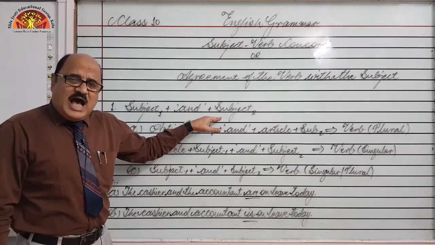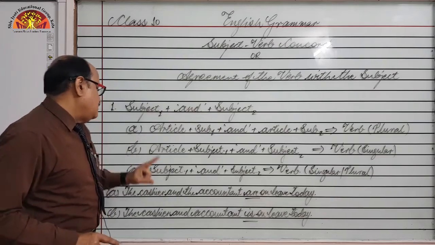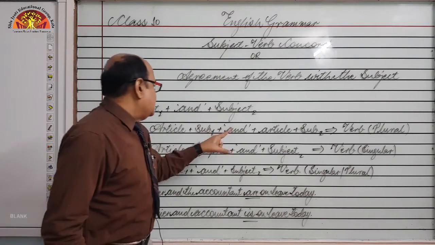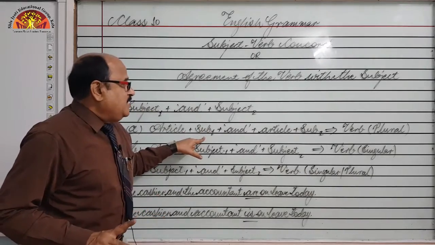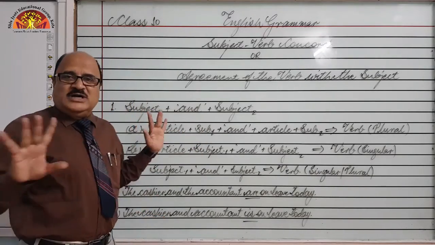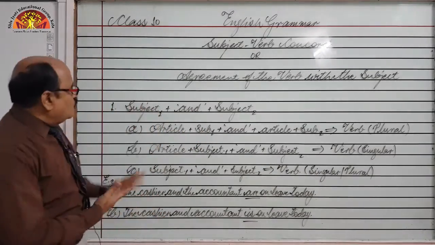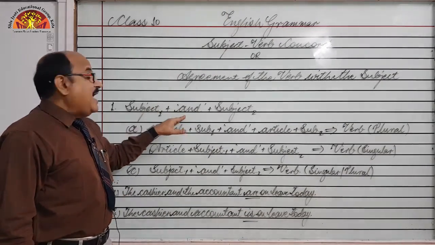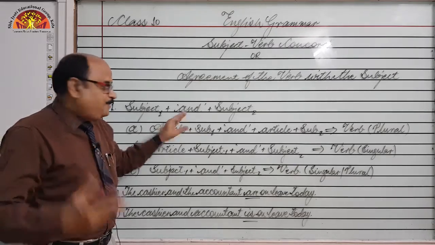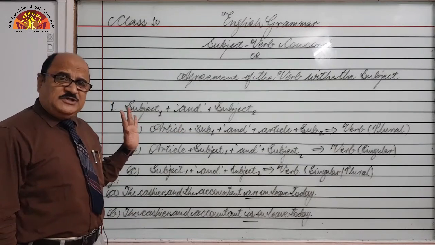So, dear students, I may write SUB dot like this and this. Don't get confused. Subject SUB or subject in full, they both are the same. So, don't be confused, right? So, whenever two subjects are connected with and, let us see. Four situations are there.